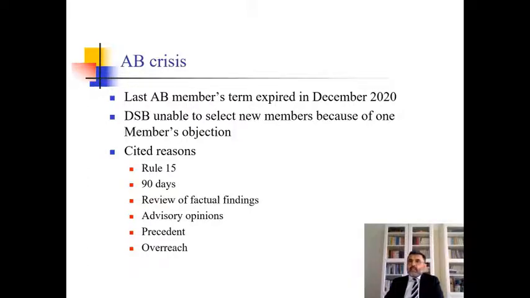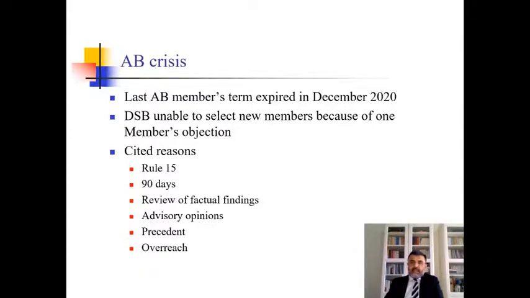And the reason for this is the blockage by one WTO member of the selection of new members to the appellate body. The United States has been blocking the selection of new members because it is of the view that the appeal mechanism has certain flaws, right?